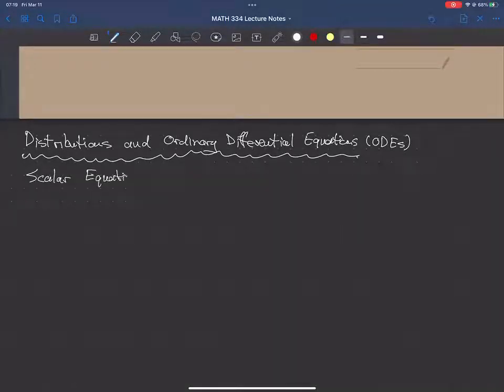Now, differential equations is something that we're going to talk about in more depth when we talk about systems substantially later on.